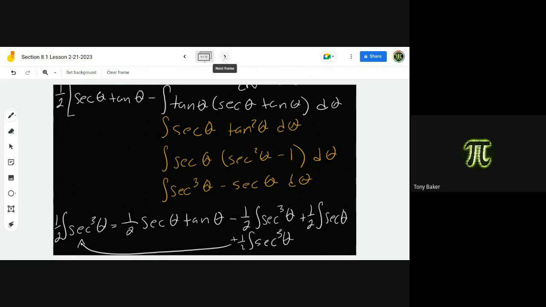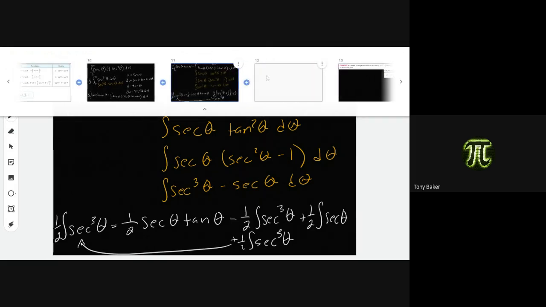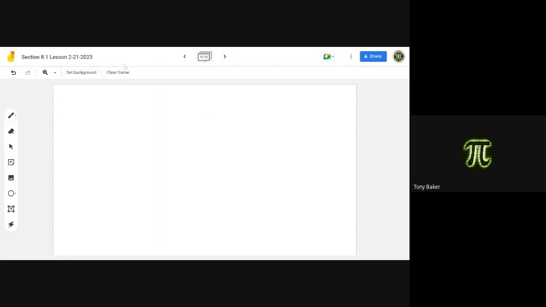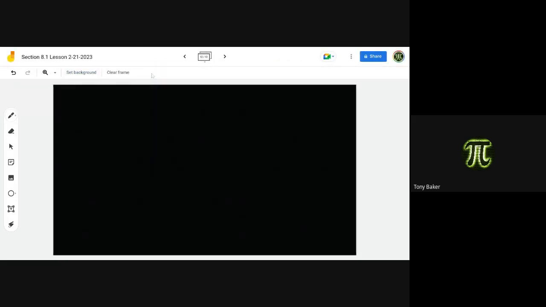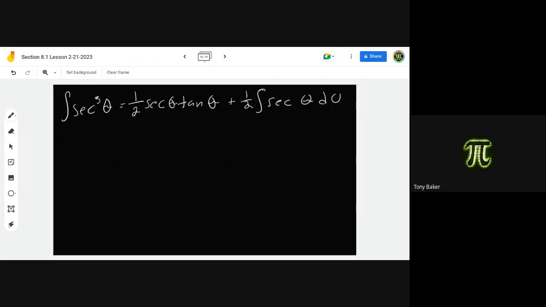What I now have is not as much of a mess as it sounds. So I have the integral of secant to the third theta equals 1/2 secant theta tangent theta plus 1/2 the integral of secant theta d theta.